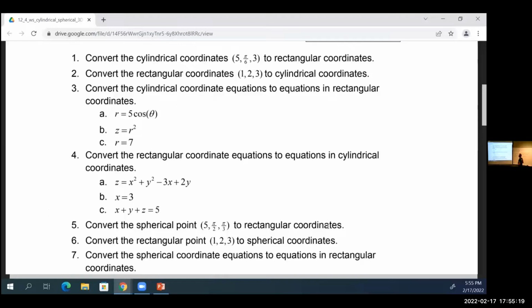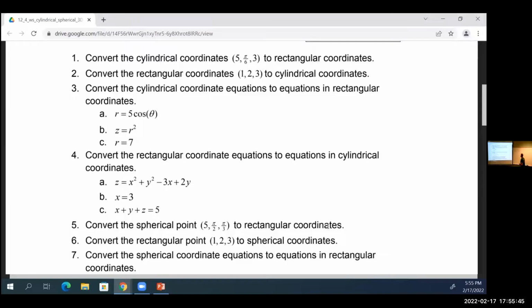Let's talk about 3A. We're given the polar equation R equals 5 cosine theta. This is something that can be graphed in Desmos or your graphing calculator. You just need to change your mode to polar.